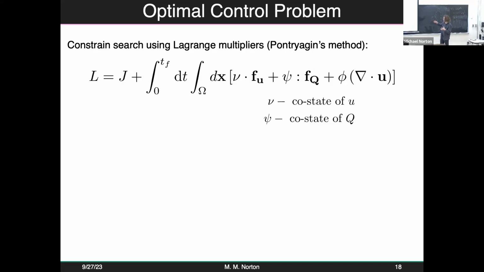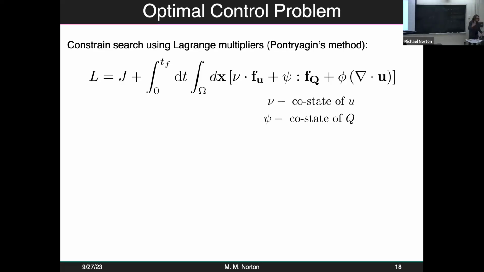So we're going to do something called PDE-constrained optimization, and to do that, we introduce Lagrange multipliers that enforce our PDE operators. The F sub U and F sub Q are our dynamics for the flow field and the microtubule orientation, and then incompressibility as well.